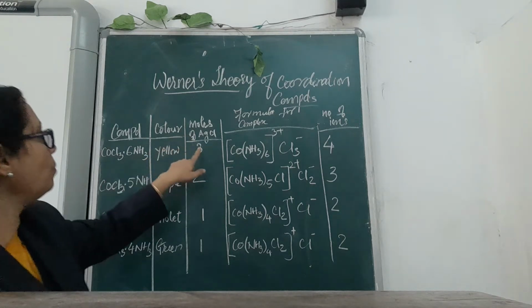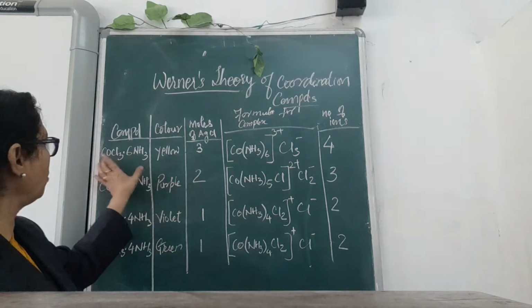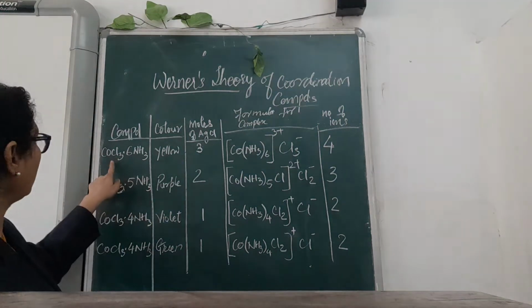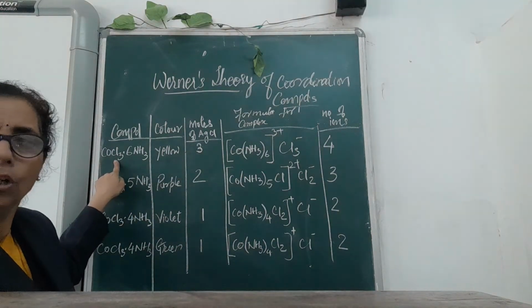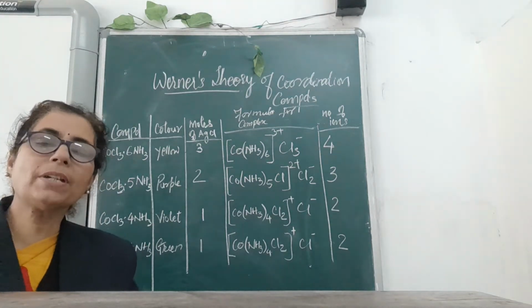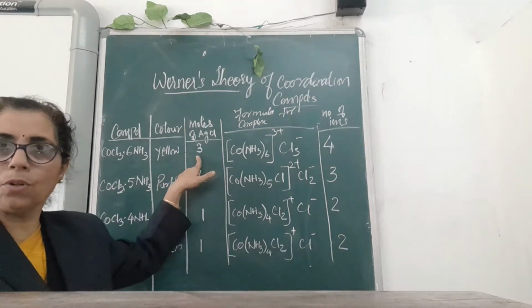And the number of moles of silver chloride obtained when this complex compound was treated with silver nitrate: the 3 chlorines present here reacted with silver nitrate and precipitated as silver chloride, that is 3 moles of silver chloride was formed.